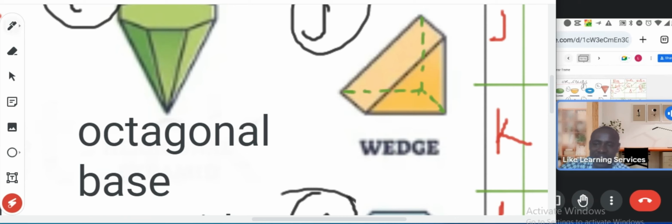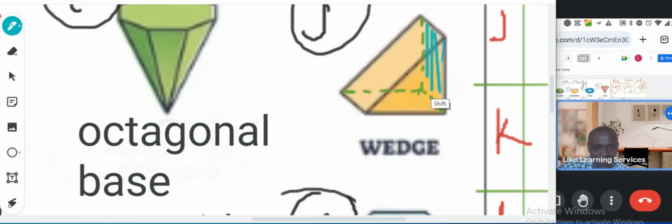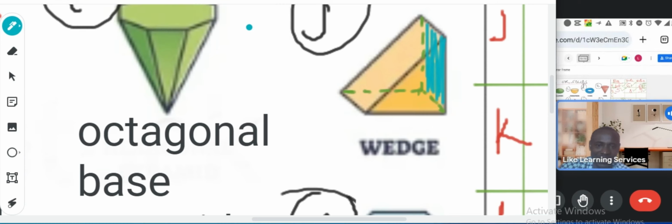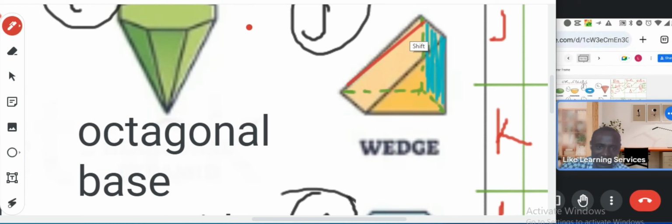I can even decide to shade them differently so that you see it better. Let me shade this one in blue. Let me shade this one in red. These ones that are not so obvious, let me shade them in red so that you can see it.